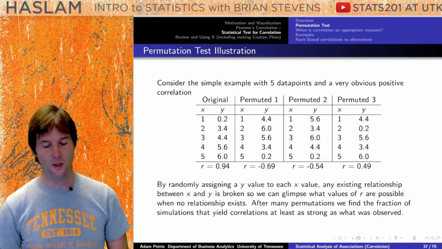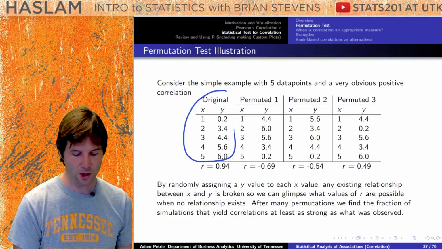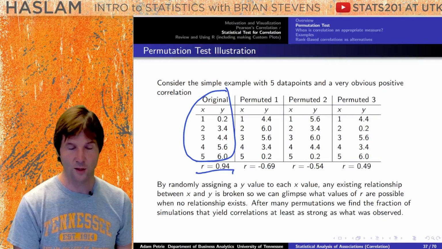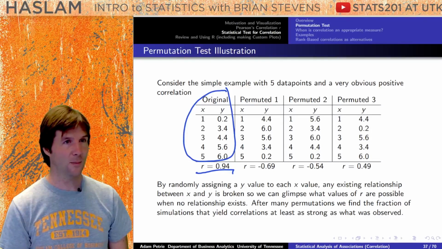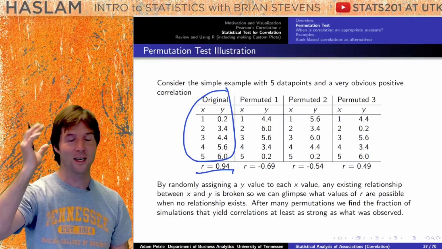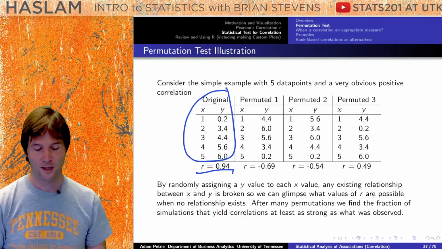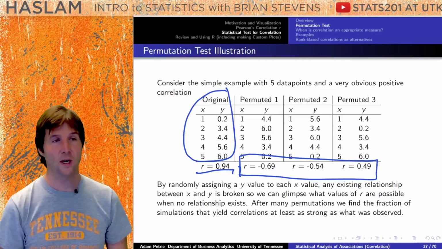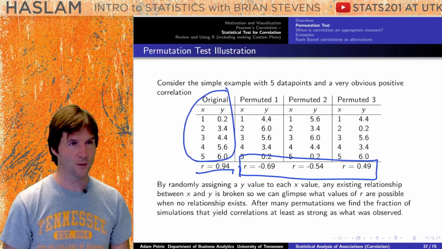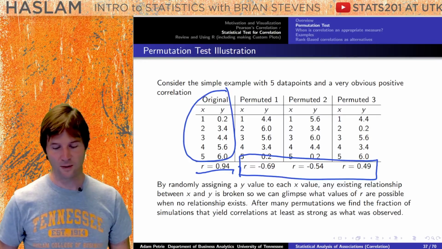So let's say we take an original data set, which has a relationship, a correlation of 0.94, and just mix it up. If you notice now, Y has been completely mixed up, like I tossed the tests in the air, and then they just landed on the ground, and then you see the new correlations. All of these correlations down there are created by random chance. Our correlation is 0.94.